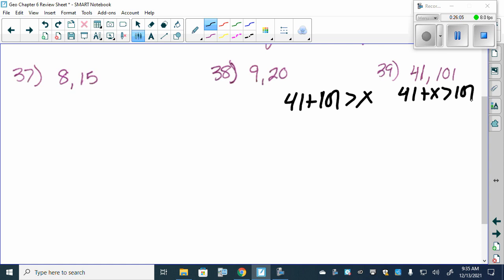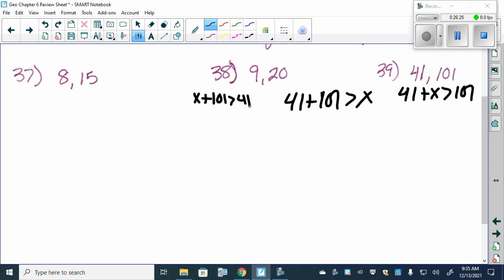Well, we have one other case, don't we? Because we could also have that x plus 101 is greater than 41, yes? Why do we not care about this third one? 101 is already greater, so it's not really going to tell us anything.